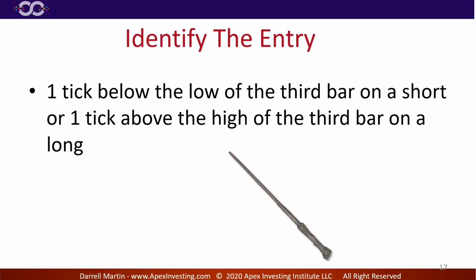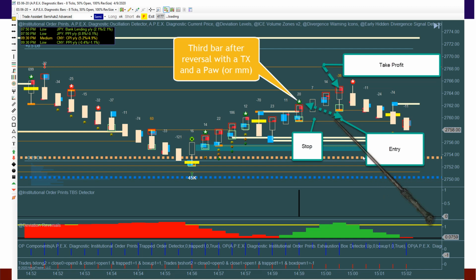Okay. Where do you get in? You're going to get in 1 tick above the high on a long or 1 tick below the low on a short. So that third bar, a tick above it if you're going long, or a tick below it if you're going short. Okay? As an example, we got a third bar swing right here. 1, 2, 3, trapped Xbox right there. Our entry is 1 tick above the high.